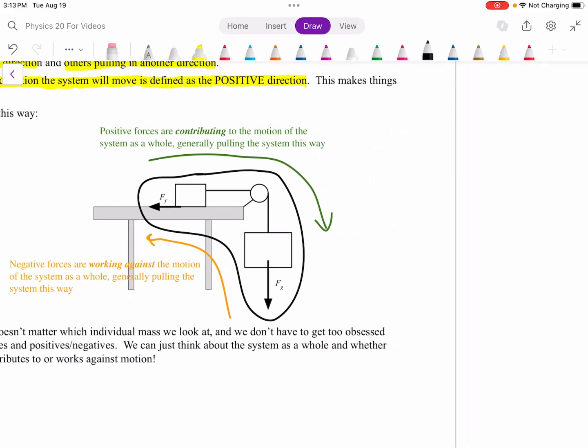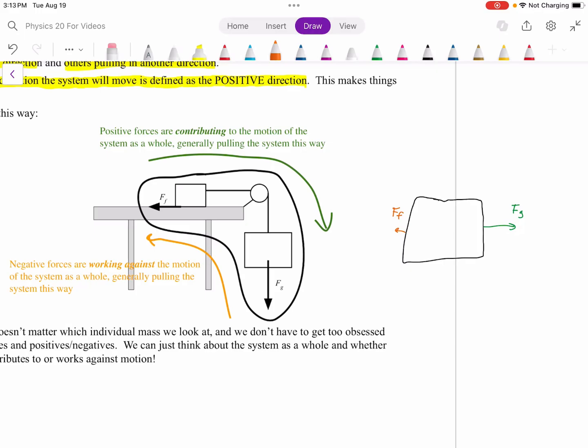Sometimes some students even like to simplify it even further and say, hey, here's what we got. Yeah, they're connected by masses or by strings and with a pulley, but ultimately it's like one big mass, right? And in this one big system, we've got a force of gravity that's trying to move it one way, and we've got a force of friction that's trying to resist that, right? And we just simplify it down to that level, okay?